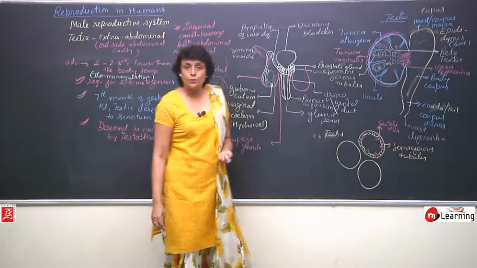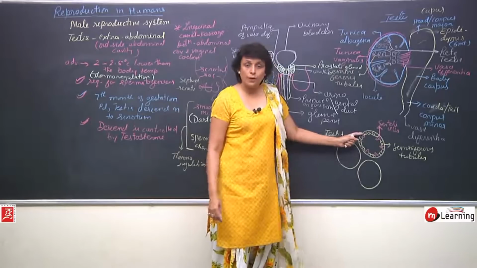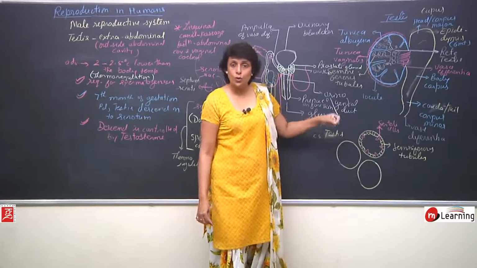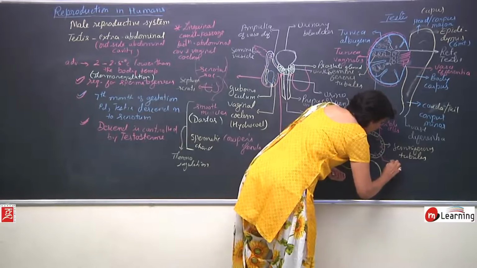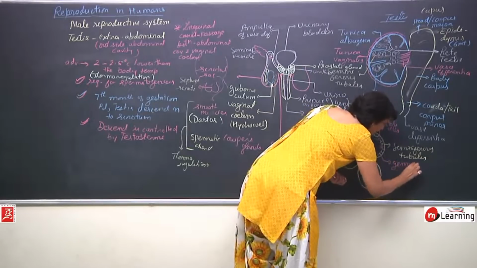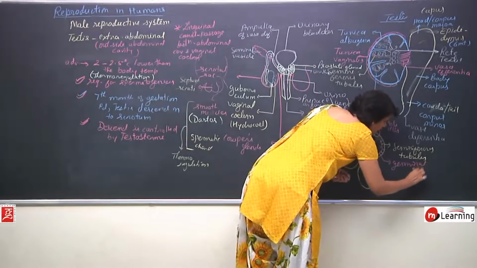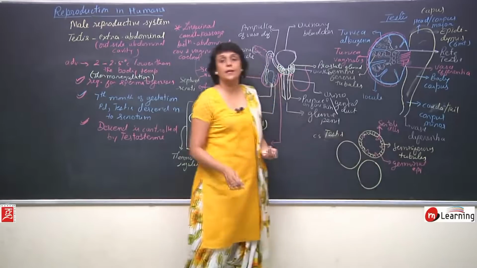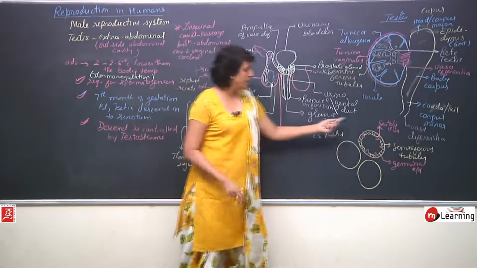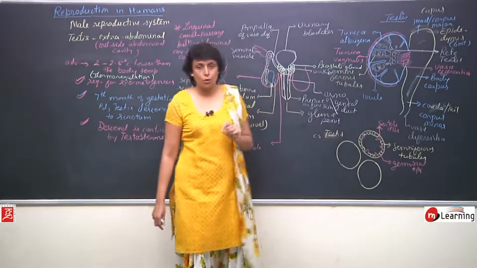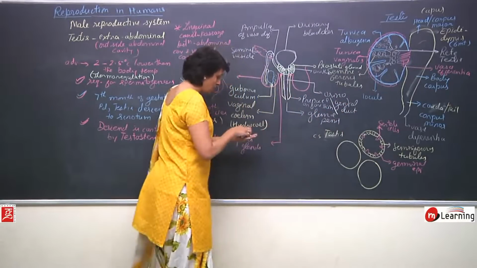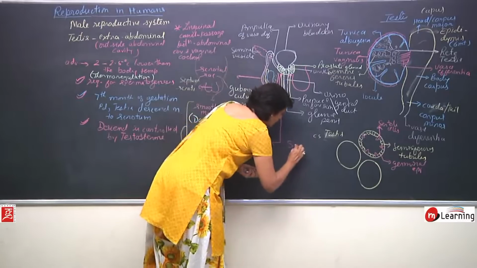So there are two types of cells here. Cuboidal cells, which undergo the process of spermatogenesis. So this is known as the germinal epithelium, and in this epithelium there are Sertoli cells. Sertoli cells play a very important role. Let us write down what Sertoli cells do.